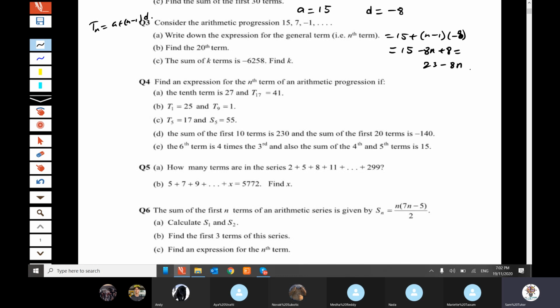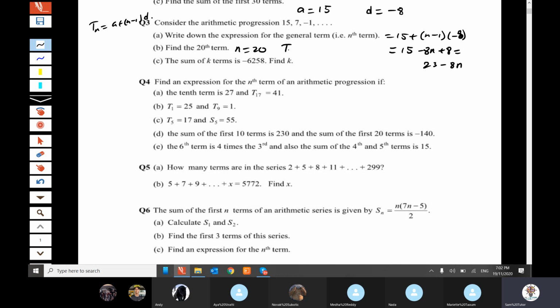Find the 20th term. What do we do? Sub in n equals 20.